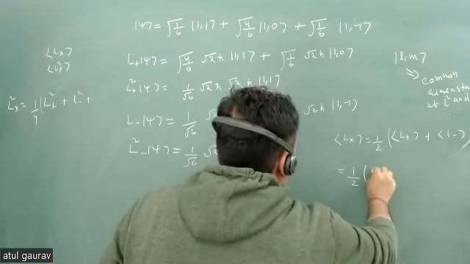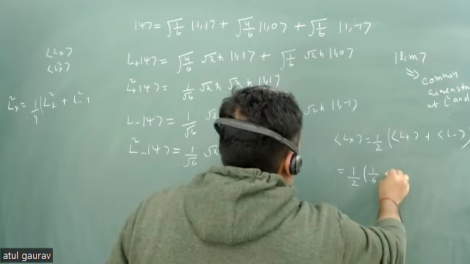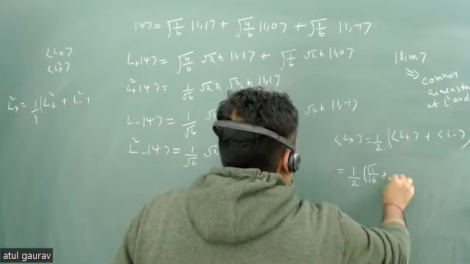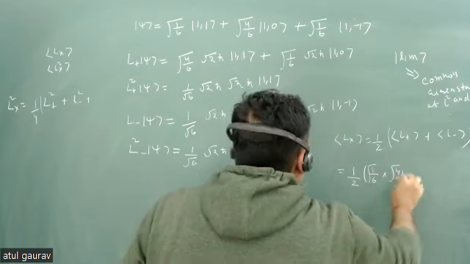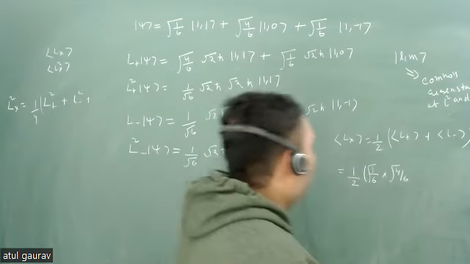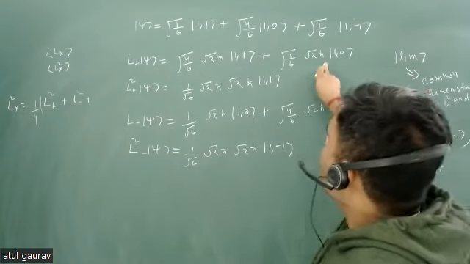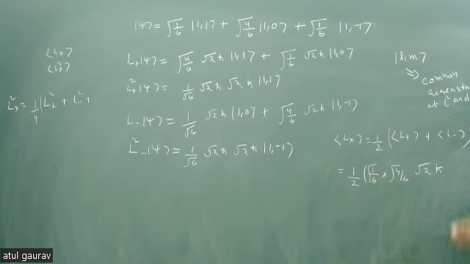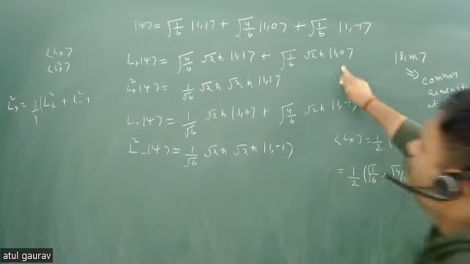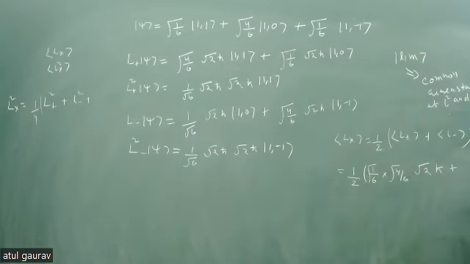So इधर से root under 1 by 6, root under 4 by 6 और क्या आ जाएगा? Root 2 h cut, है ना? ओके. सेकेंड टर्म किससे कपल होगा? इसी के साथ, है ना? This |1,0⟩ will couple to this one. So what you have? Root 4 by 6, root 1 by 6, root 2 h cut. दिखाई दे रहा है?